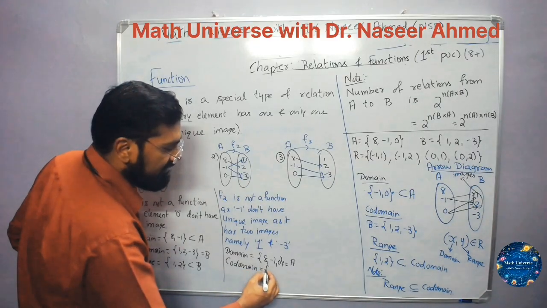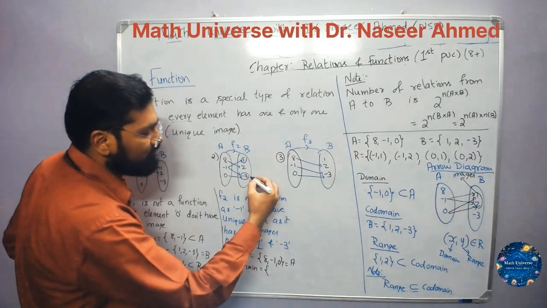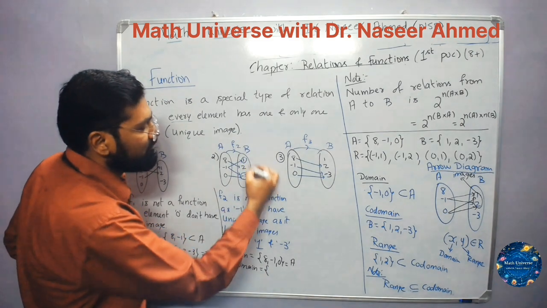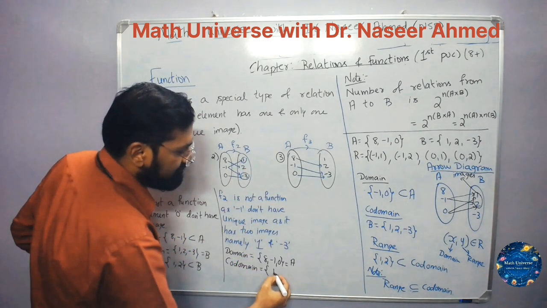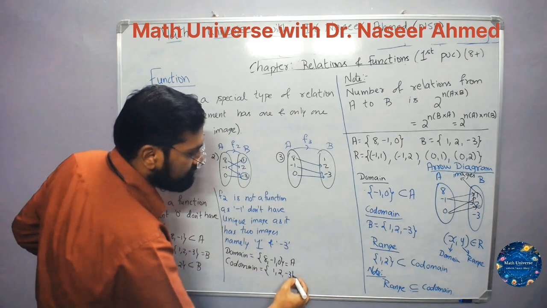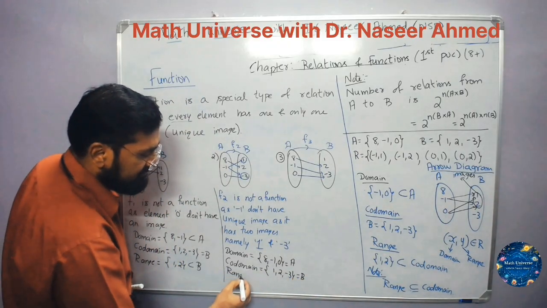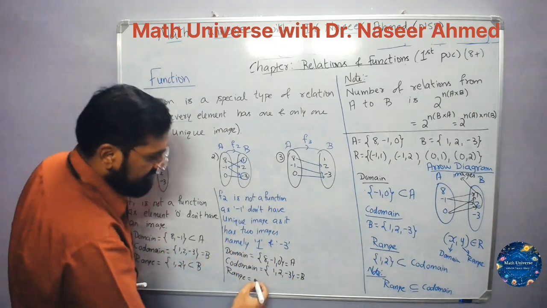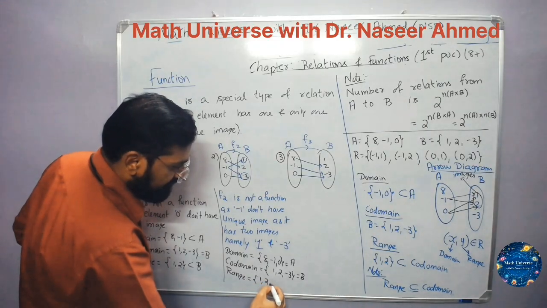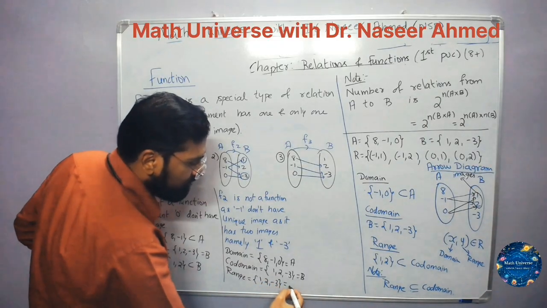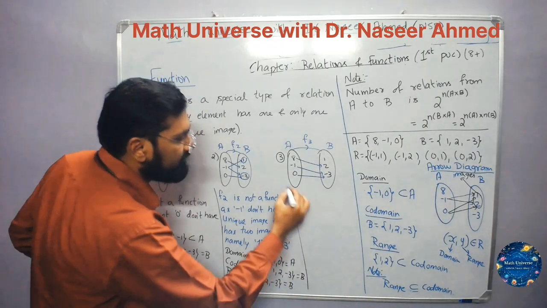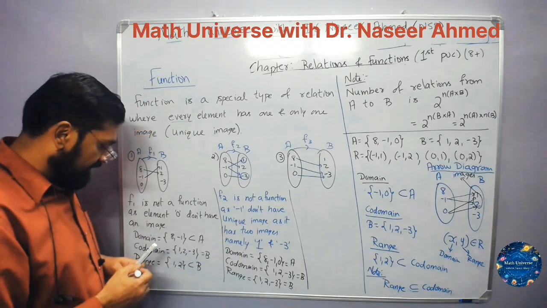Codomain is always the second set, that is 1 to -3, all the elements. And what is the range? 1 to -3. And that is equal to what? Codomain B only.